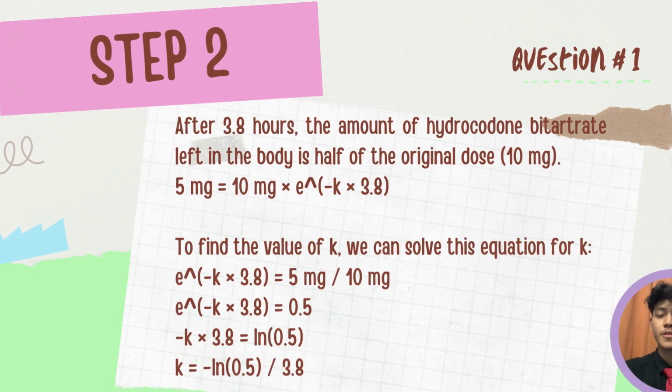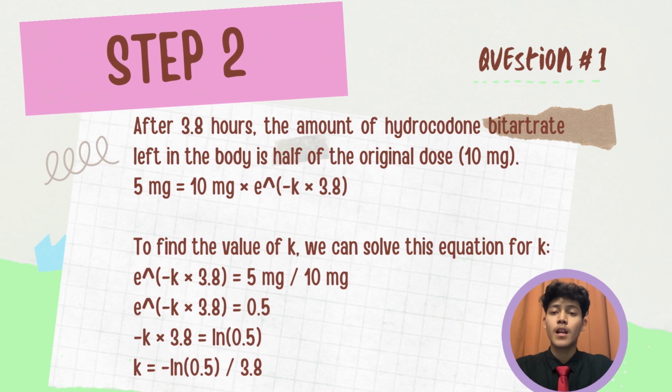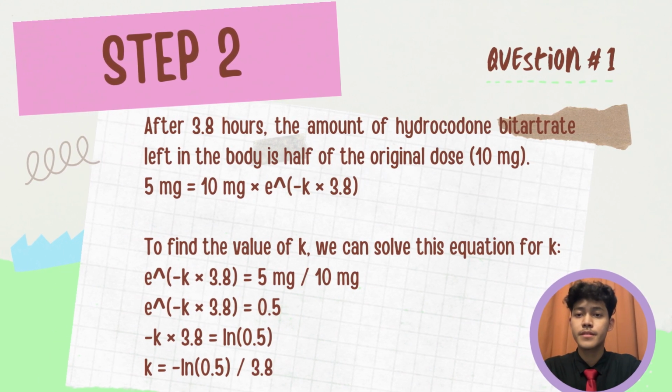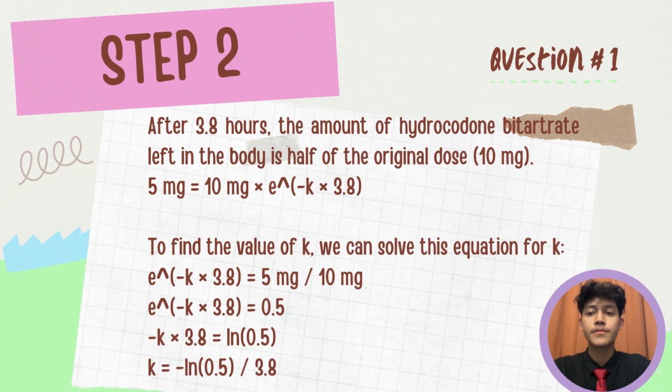Now I will continue to step 2. After 3.8 hours, the amount of hydrocodone bitartrate left in the body is half of the original dose. The original dose is 10 mg. Next, 5 mg equals 10 mg times e to the power of negative k times 3.8. Now to find the value of k, we can solve this equation for k.